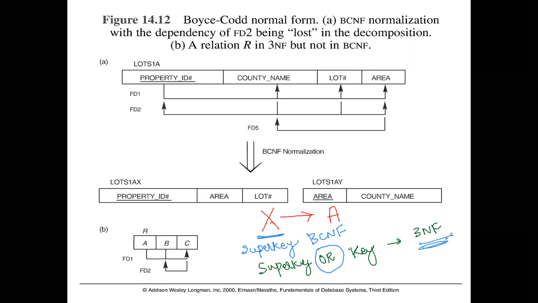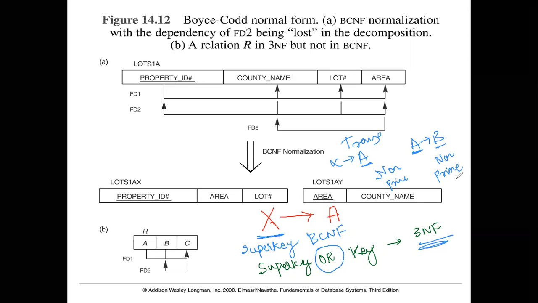So in 3NF, we can say that a non-prime attribute determines another non-prime attribute. That is important in 3NF. So in 3NF, there will be transitive dependency, like X determining A and A determining B, where A is non-prime and B is also non-prime.